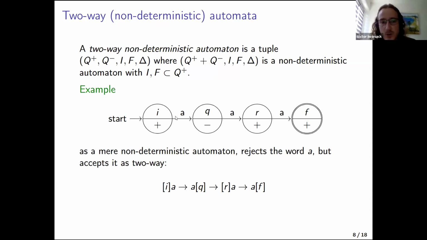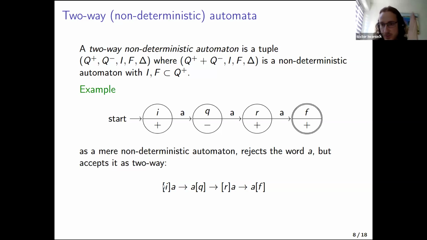And if you forget about the signs, you see that you can only reach the accepting state if the word is three A's. But if you take into account the signs, so it's really a two-way automaton, then this automaton recognizes the single-letter word A. How does it work?